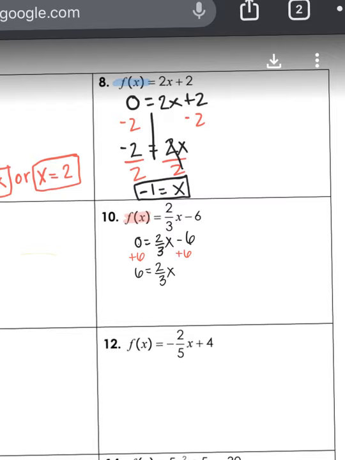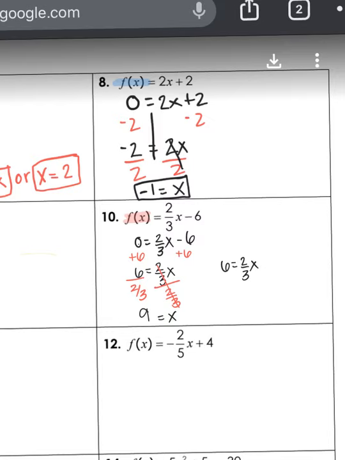So 2/3 is hooked to x by multiplication. To undo multiplication, we could do this in 2 different ways. Let me write this over here. You could solve this by dividing both sides by 2/3, and that would cancel and you'd be left with x equals 9.